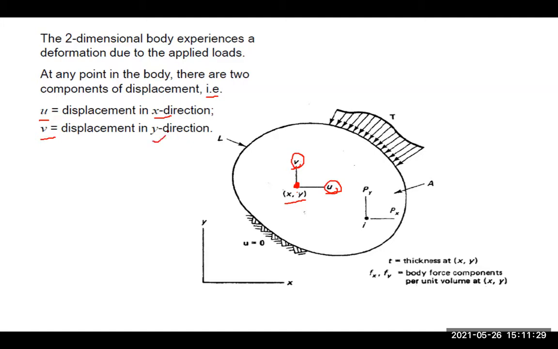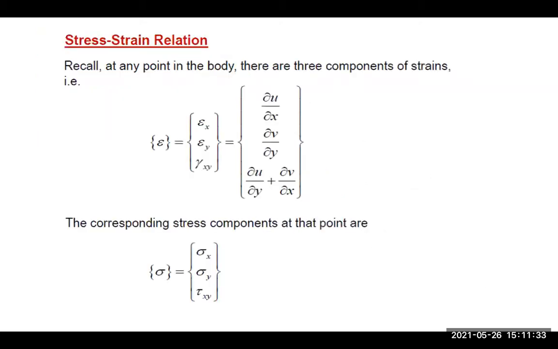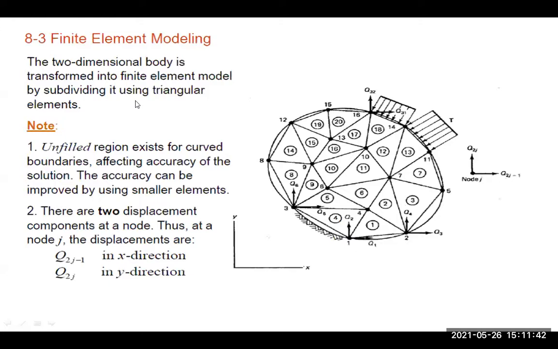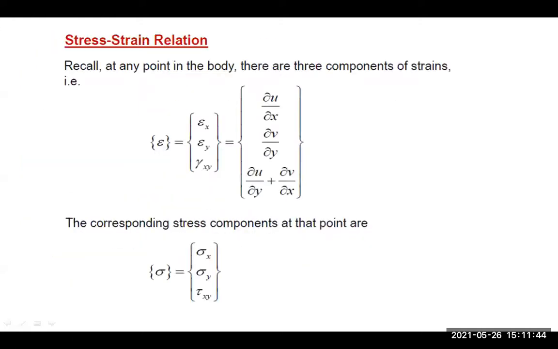These are very important parameters or notations. Just now I have defined the stresses as well as strains, and I know that in a two-dimensional member there would be three strain components as well as stress components. Here, let us define the strain matrix first.